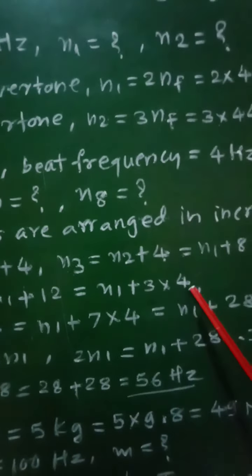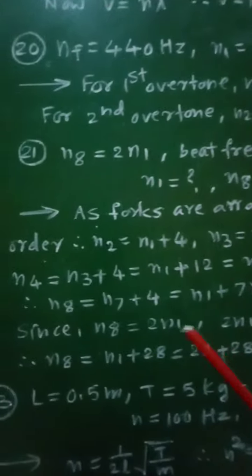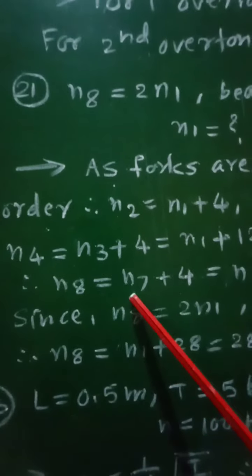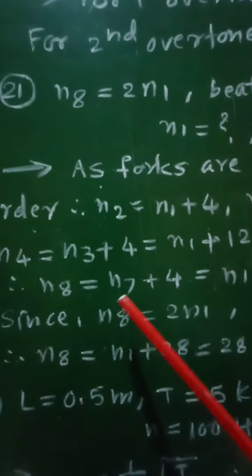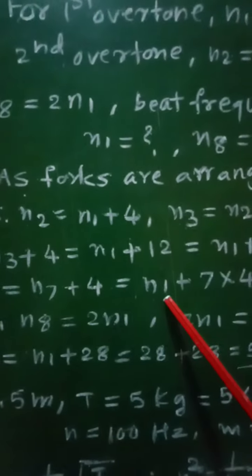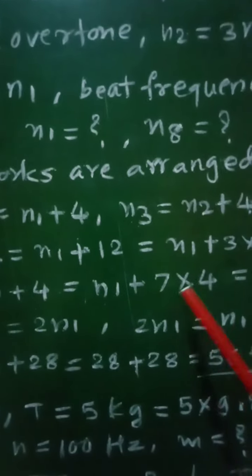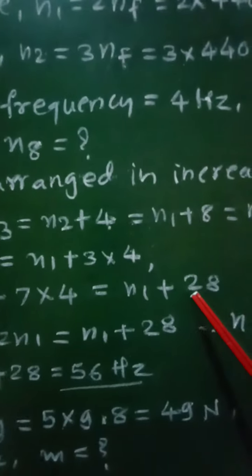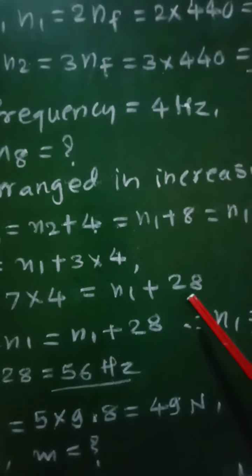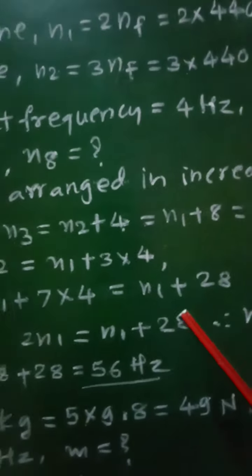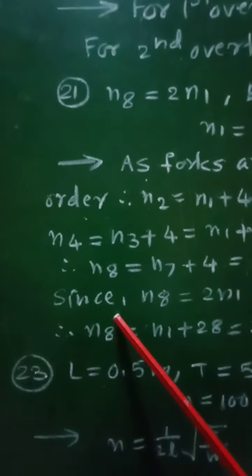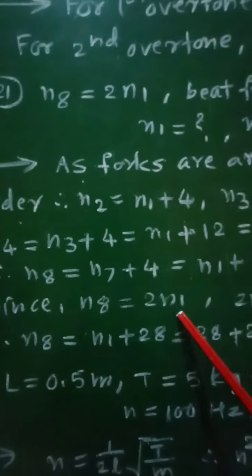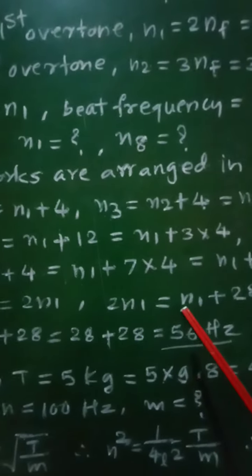Therefore for last tuning fork N8, we can write it as N7 plus 4, that will be equal to N1 plus 7 into 4, that is N1 plus 28.